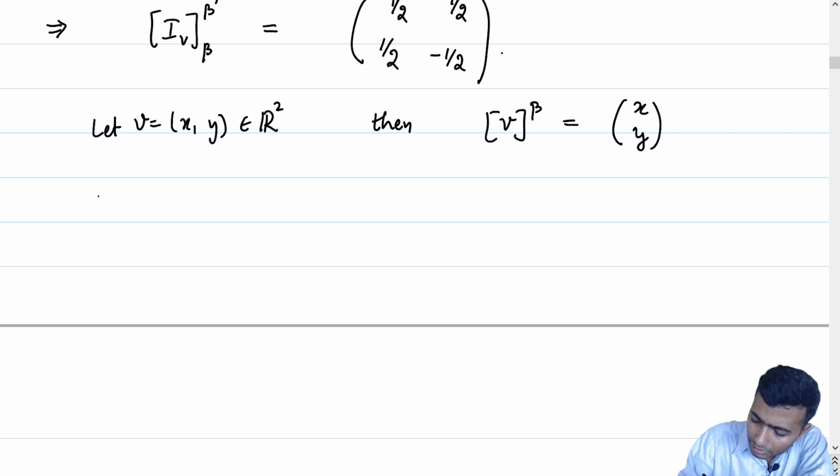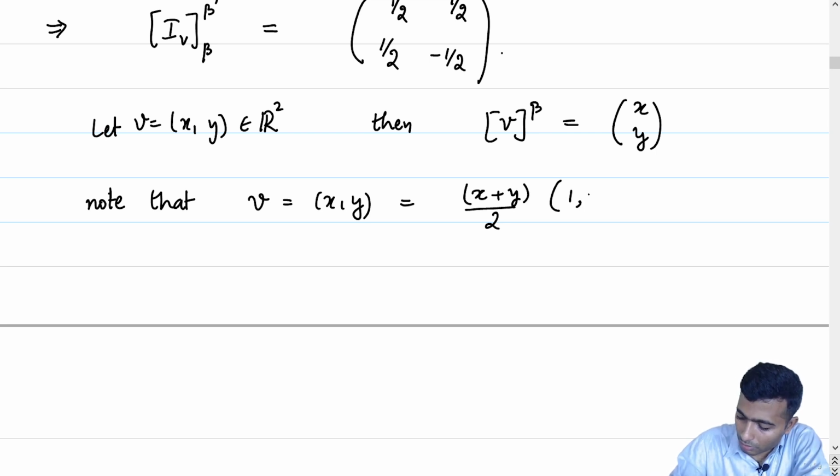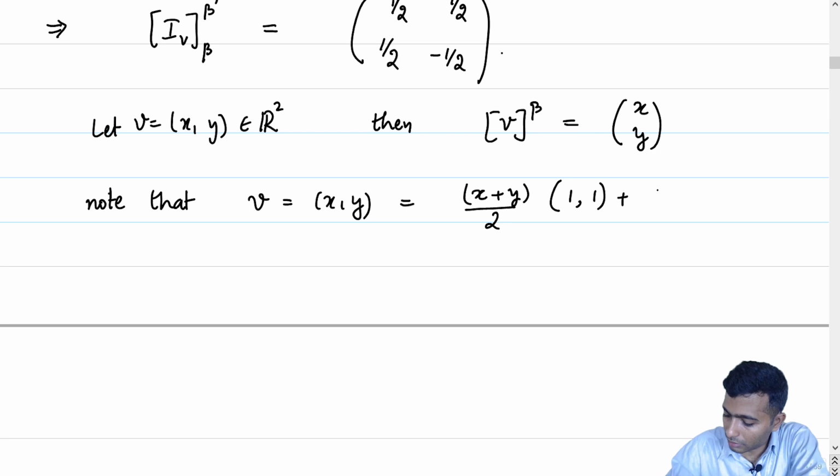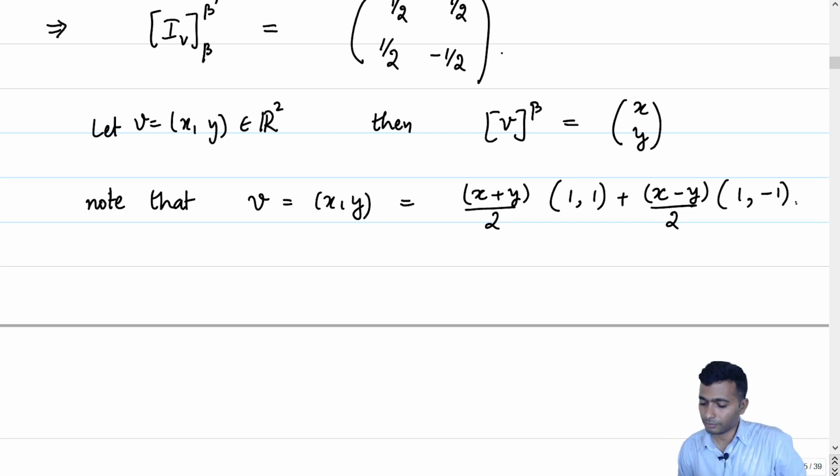So, note that V, which is equal to (x, y), is equal to (x plus y)/2 times (1, 1) plus (x minus y)/2 times (1, -1).